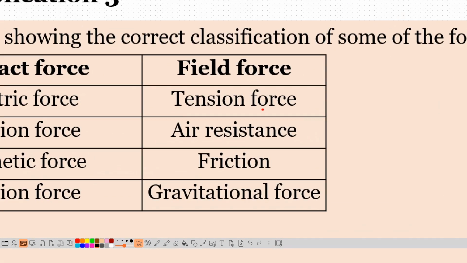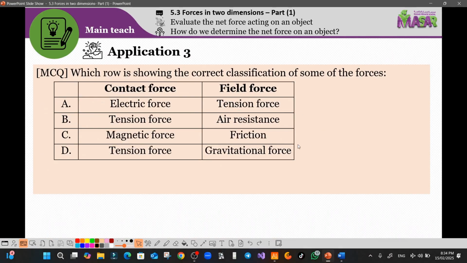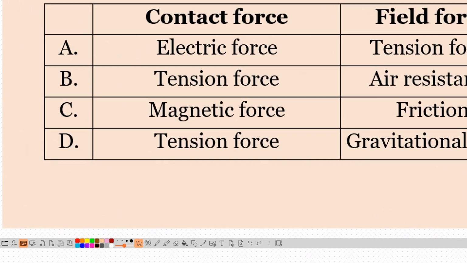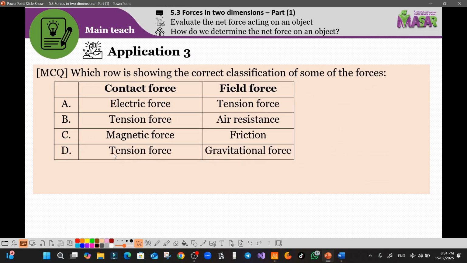And we can notice here the first 3 rows are not correct because they don't show one of the mentioned forces that are related to the field force. Only the last row contains the correct answers. This is why I will choose D to be the correct answer. And in addition, tension force is considered to be a contact force. This is why the whole row is correct.